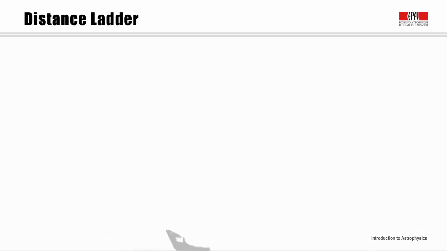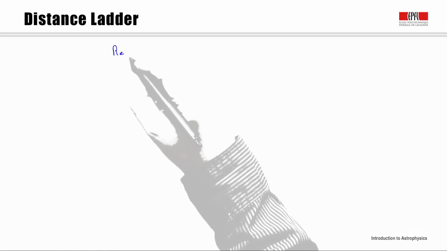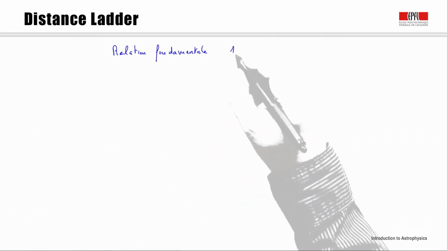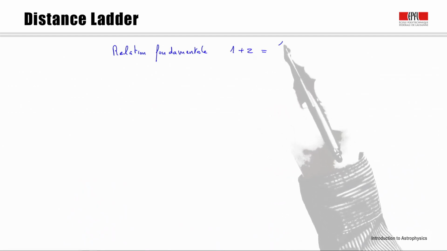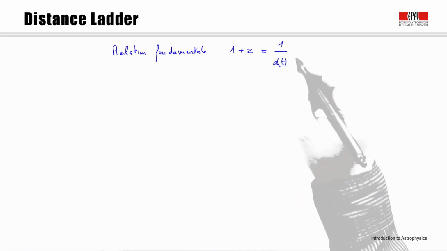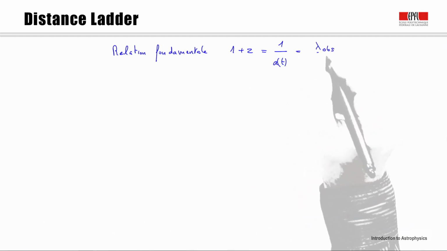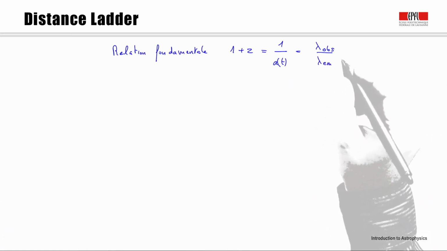What we try to do in observational cosmology is to use the fundamental relation we established in the previous video between the redshift z, or actually 1 plus z, and the expansion factor of the universe, a(t), and what we can measure, the cosmological redshift, measured by Doppler effect.